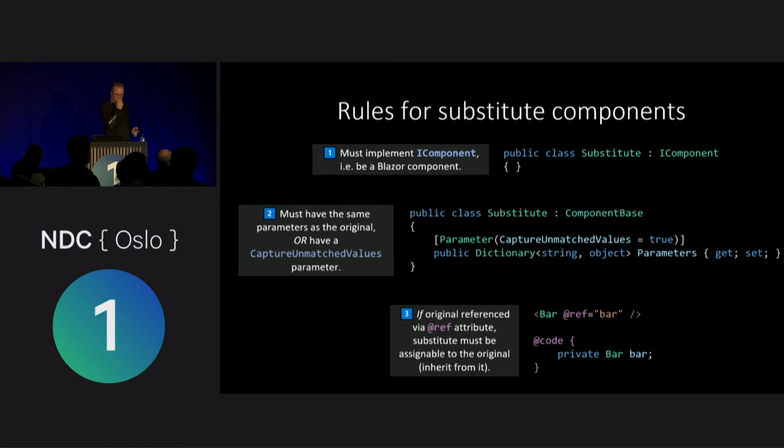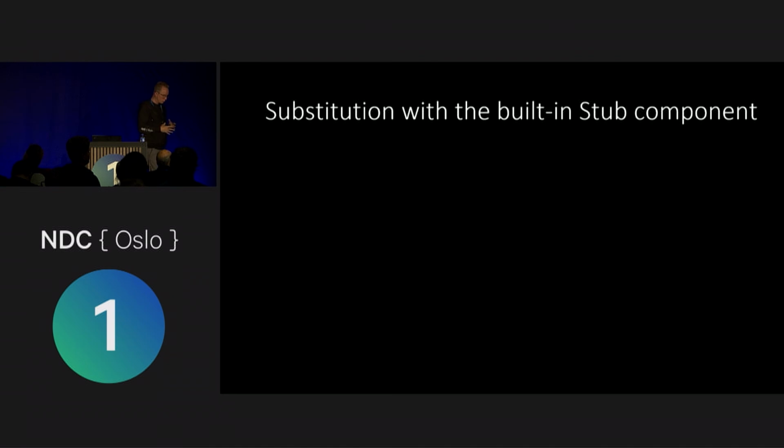But obviously we don't want to manually create new substitute components for every component we might want to replace during testing. So to make this a bit easier and more approachable, bUnit comes with a Stub component. A Stub component looks like this.